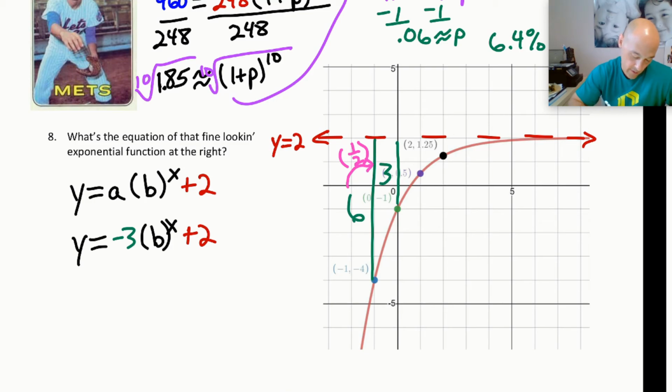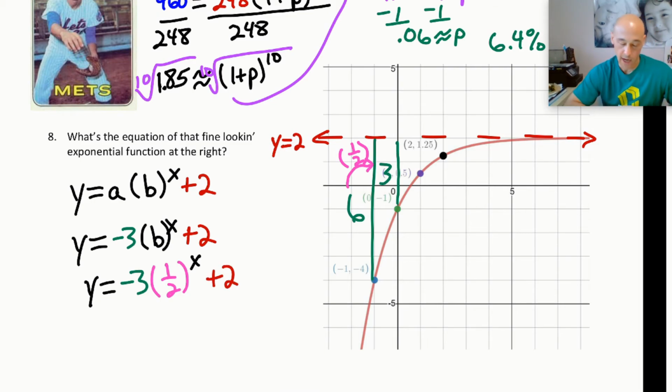So now I have y is equal to -3 times 1/2 to the x plus 2. And a good way to test that out is to pull up a Desmos graphing calculator and check it out. I'll do that right now. Bring it over into the screen so you can see.